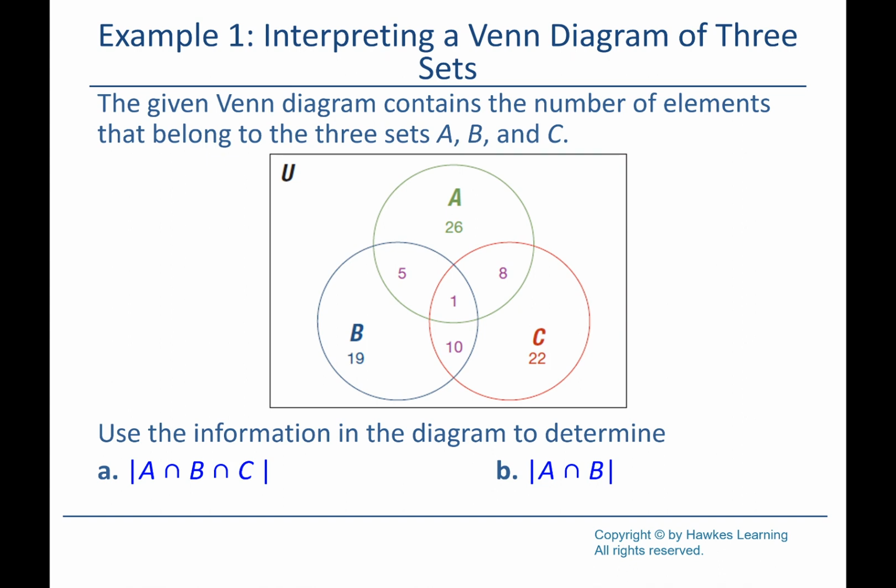Usually when we have 3 sets, we want to overlap the circles, so we've got some overlap between all 3 in the middle, and then we want each circle to overlap the other circles too. So we end up drawing something like this. Usually when I draw mine, I have it upside down from the way the textbook drew theirs, where mine has like Mickey Mouse ears on it. But it doesn't matter.